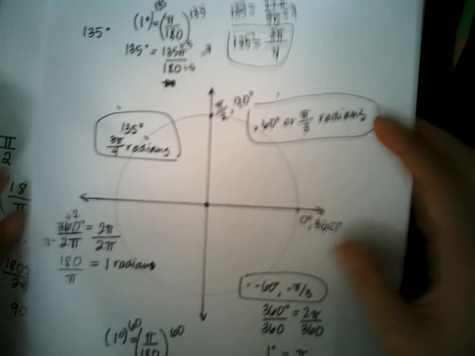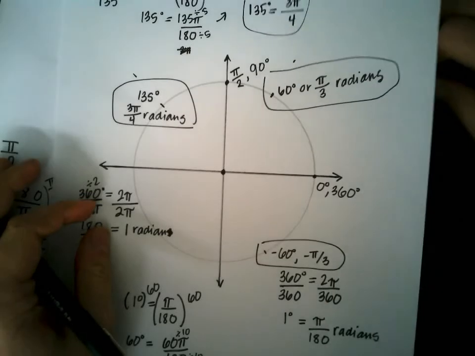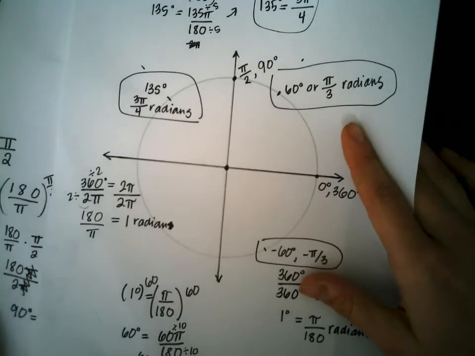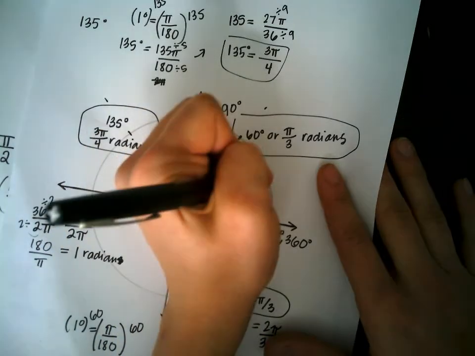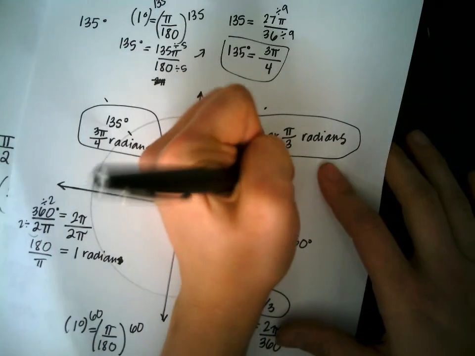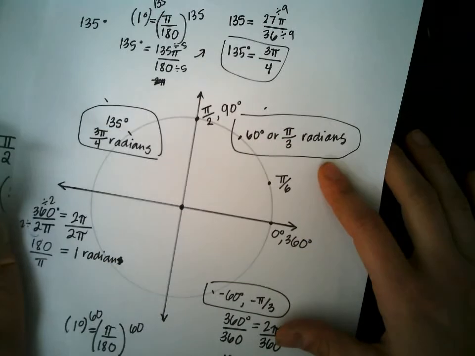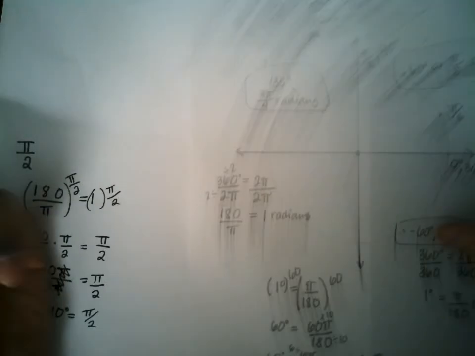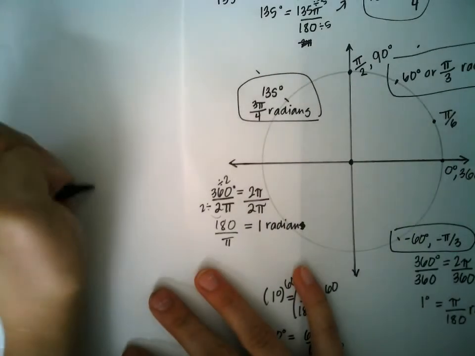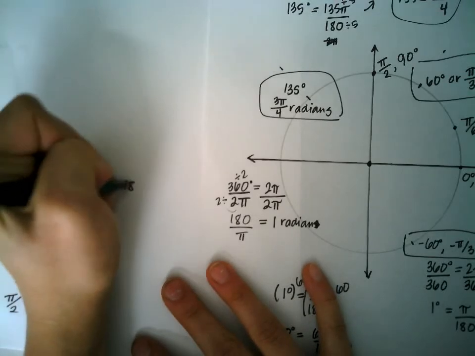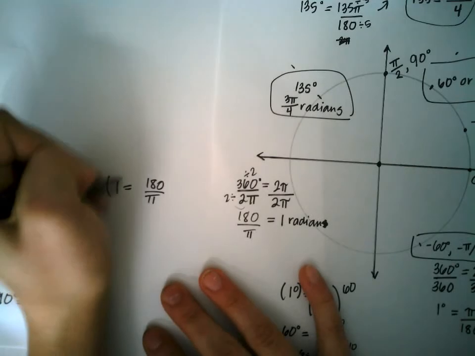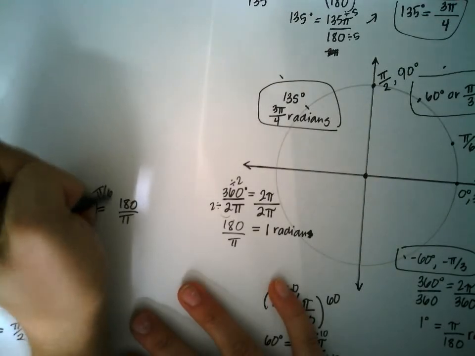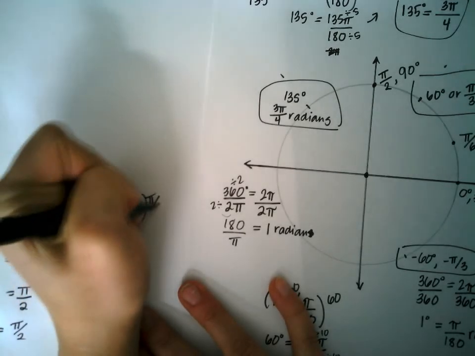Or let's say I had, I don't know, pi over 6 radians right here. And I want to know how many degrees that is. So I know again that 1 radian is equal to 180 over pi degrees. So I'm going to multiply both sides by pi over 6 because that's what I'm trying to find. I want to know how many degrees pi over 6 radians is.